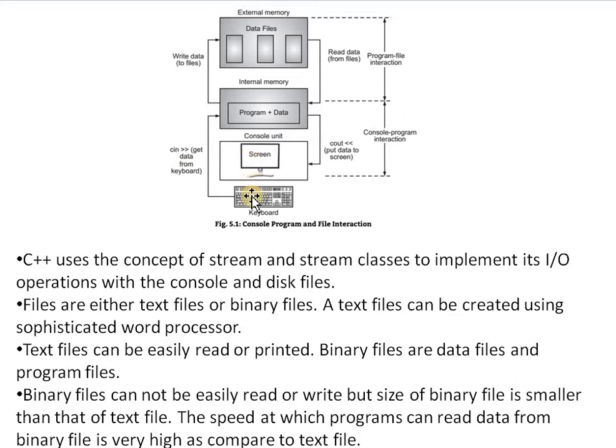For inputting data from the user we use cin, and the input given by the input devices of the computer is given to the program. The program is executed, and after execution, the result is displayed on the computer screen by using the C++ output statement cout, which displays the execution data of the program on the console unit, that is the screen.